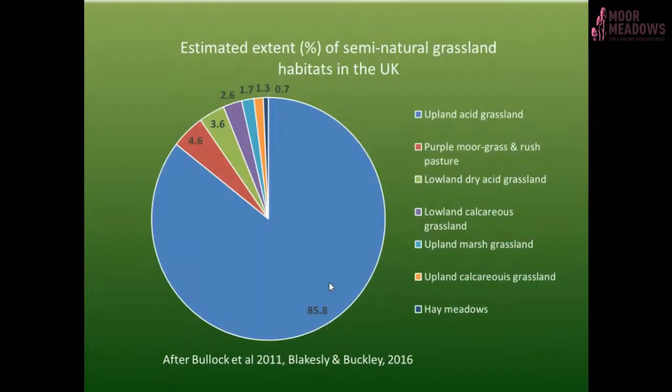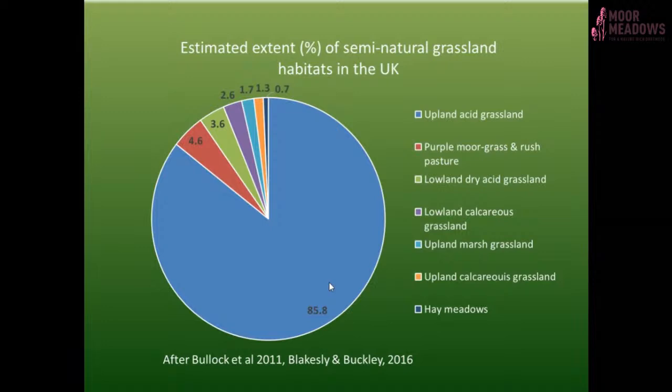And then if I show you this pie chart showing the estimated extent of semi-natural grassland habitats in the UK, the vast majority, over 85%, are the upland acid grasslands, of which we have quite a large proportion on Dartmoor. And right down at the bottom of the pie chart, at 0.7%, are hay meadows.